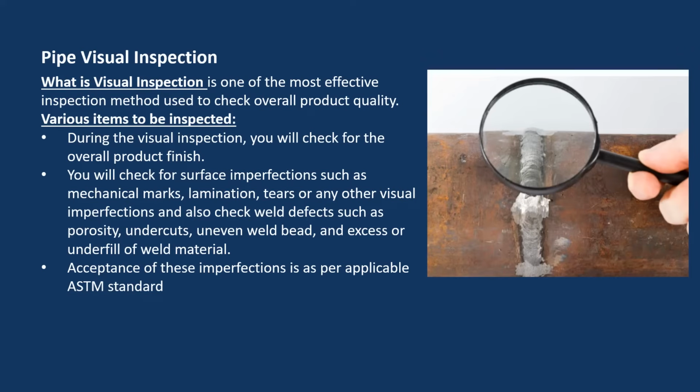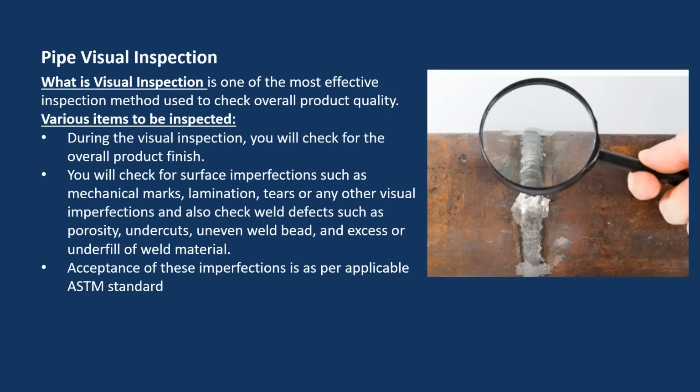Visual inspection is one of the most effective inspection methods because it is very quick, and it is done visually to check the overall product quality. Sometimes we check a few things during visual inspection. For example, the overall product finish, which can be easily found by looking at the surface or the product overall.